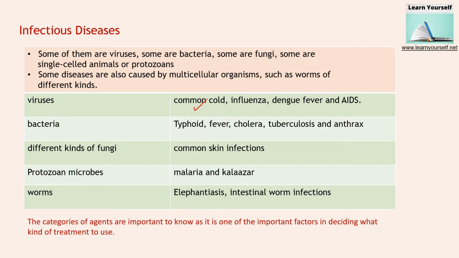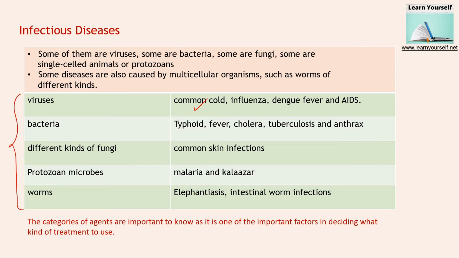Different kinds of fungi will give us common skin infections. Protozoan family microbes will give us malaria and kala azar. Whereas worms will give us elephantiasis and intestinal worm infections. So these are the agents: viruses, bacteria, fungi, protozoan family microbes and worms. These are the agents and they are giving us these diseases.